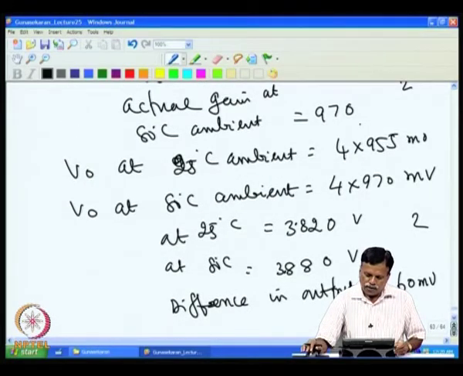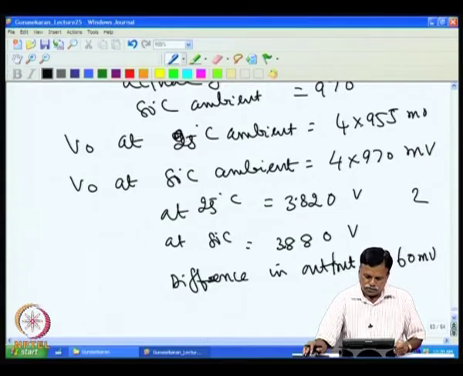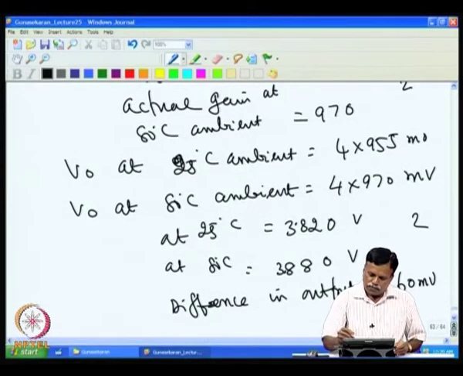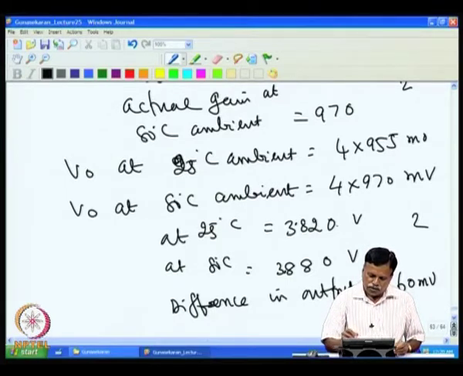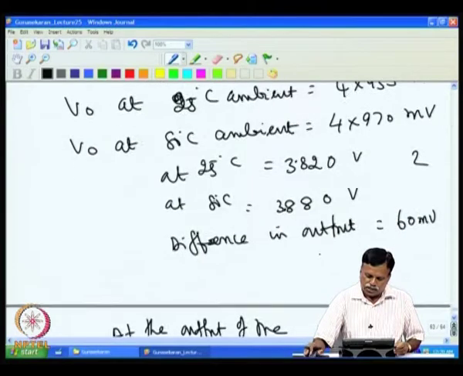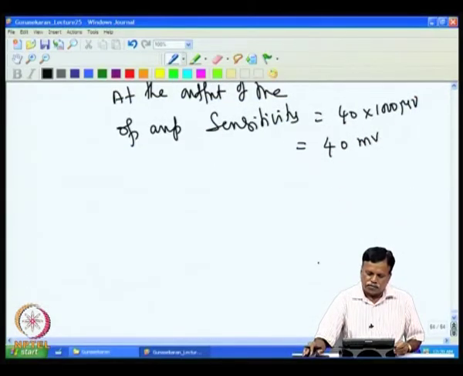Actually, we have 4 millivolt here, 4 millivolt into 1000 actually comes 4 volt, which is actually 100 degree C, which was supposed to come 4 volt. We first of all got only 3.82, and that too increased it to 3.80, that is 60 millivolt increase, that is 1.5 degree error at the output.